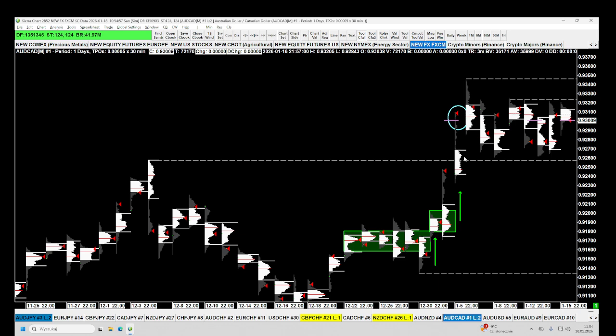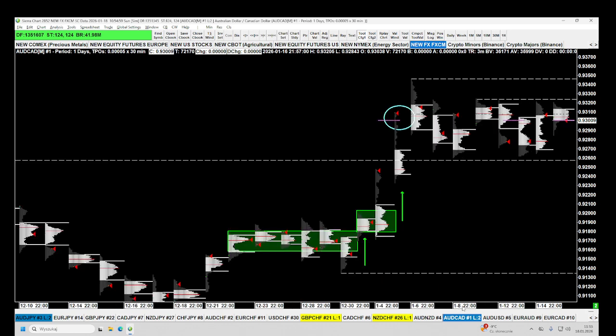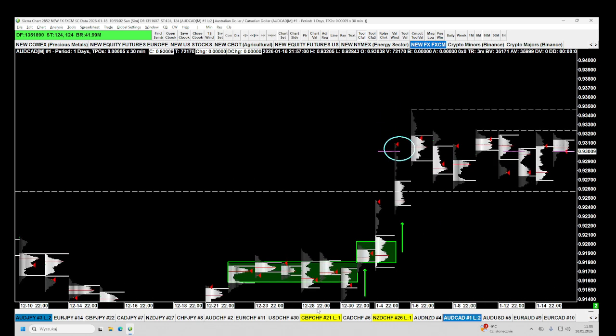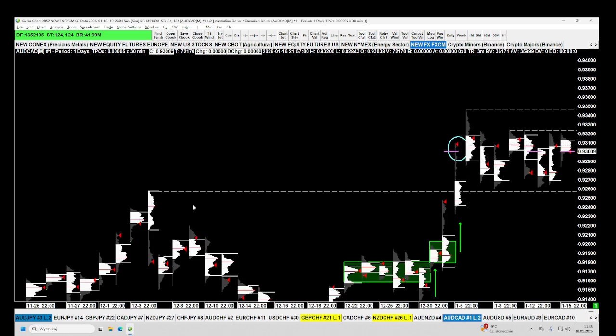day. And this one was, I would say, tricky, because we had a breakout to the upside, and then I entered here. I entered somewhere around those prices here, because for me, starting from the breakout, the prices were already unfair.